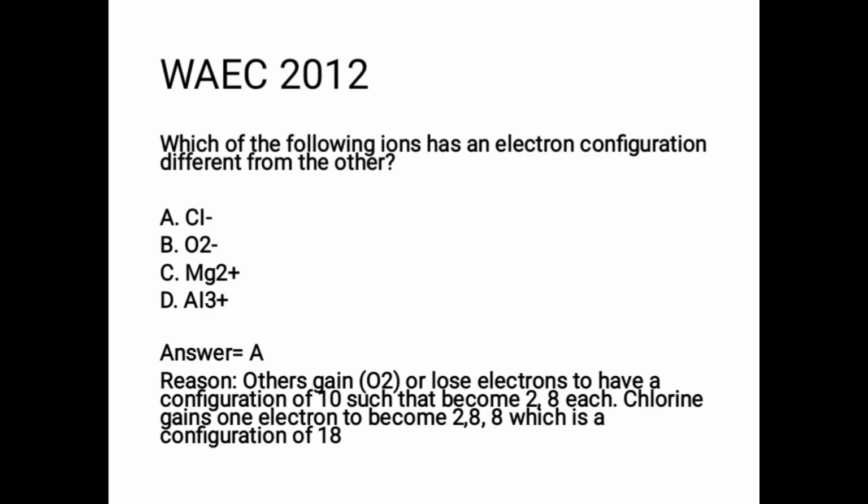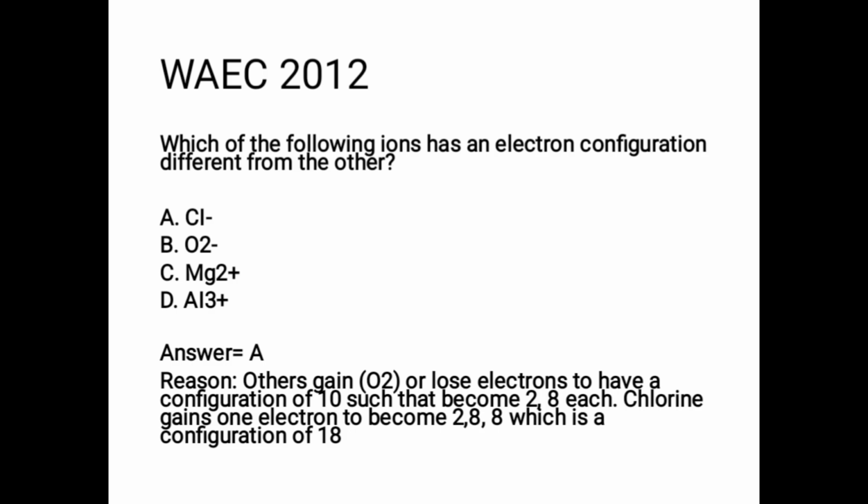They will have the same number of protons when they are carrying charges like this, but different electron numbers. Why? Because these charges show that they have either lost electrons or gained electrons. When they have negative, that means they have gained electrons. When they have positive, that means they have lost electrons.